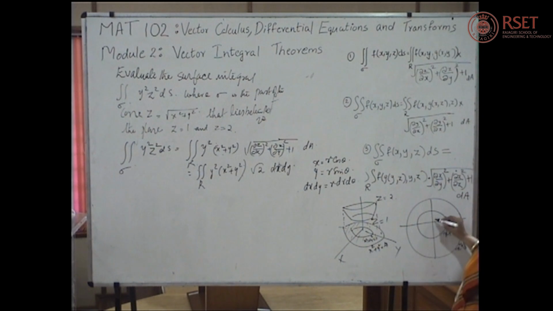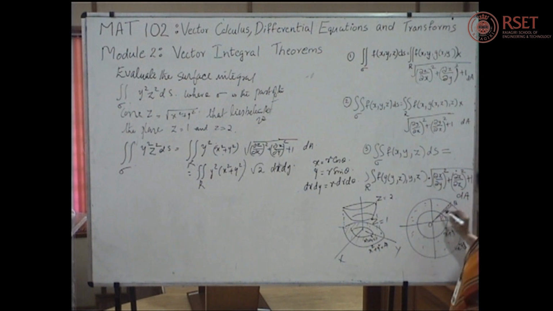If we consider a radial vector OQ, this radial vector intersects the first circle x² + y² = 1 at the point P and x² + y² = 4 at the point Q. Our required region is between these circles.